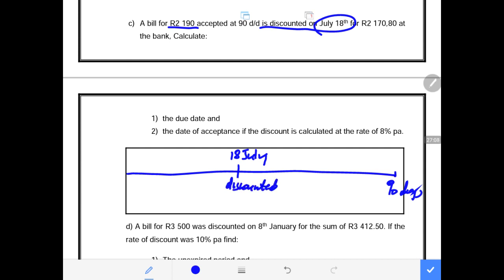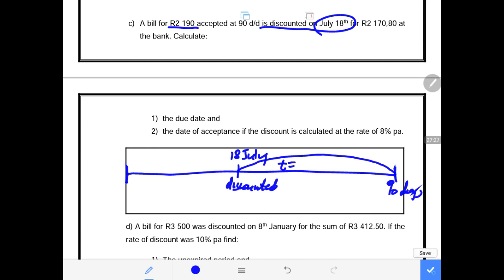And we know that by the end of this bill period, 90 days would have expired. But we know that somewhere between the discount date up until the due date is what we call T. And our T is our unexpired period.